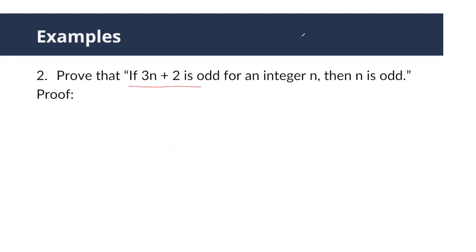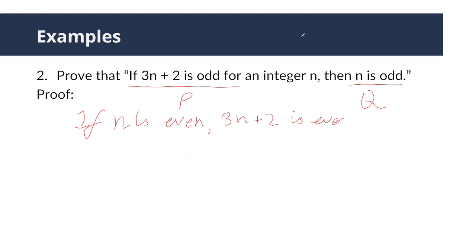So this is P, this is Q, and not Q is n is even, and not P is 3n plus 2 is even. And since n is even, we know n can be represented by 2k, where k is some integer. Next, let's substitute n into 3n plus 2, which equals 6k plus 2.